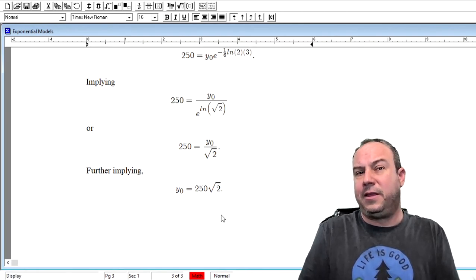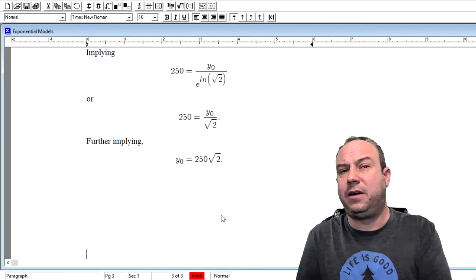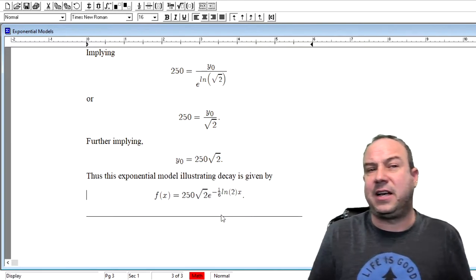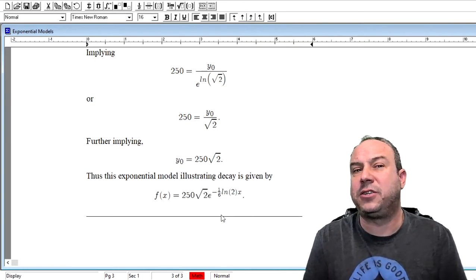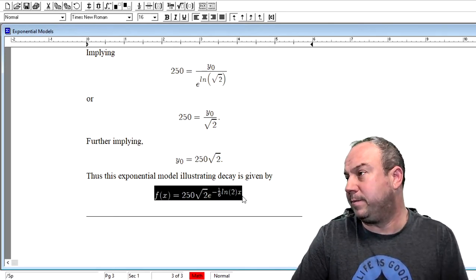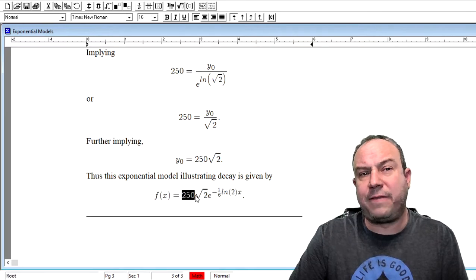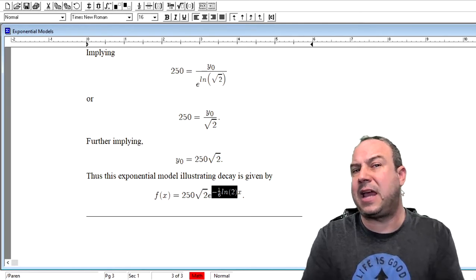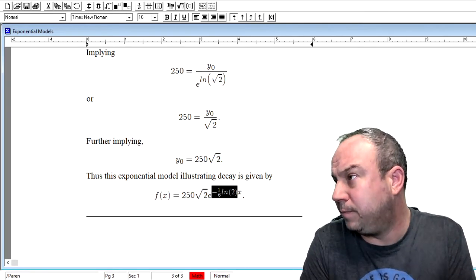This being our value for y null, we can then substitute that back into our model, and thus the model illustrating this exponential decay must be the model seen here. Our value of y null being 250 times the square root of 2, our rate constant k being negative 1/6 the ln of 2.